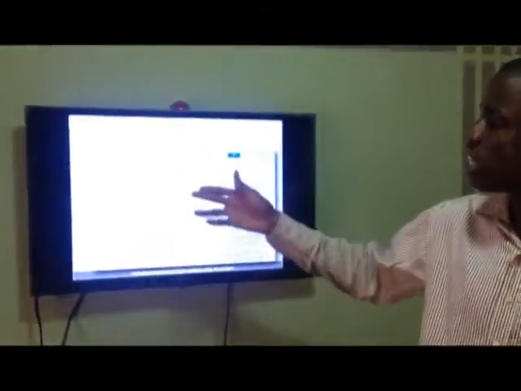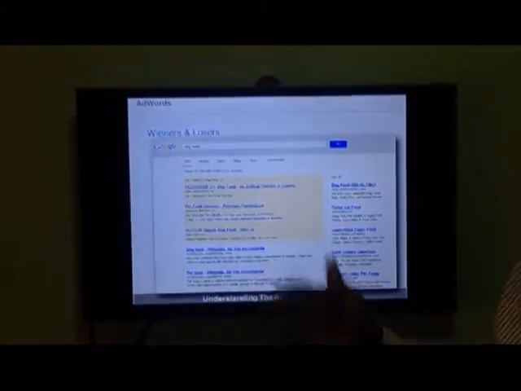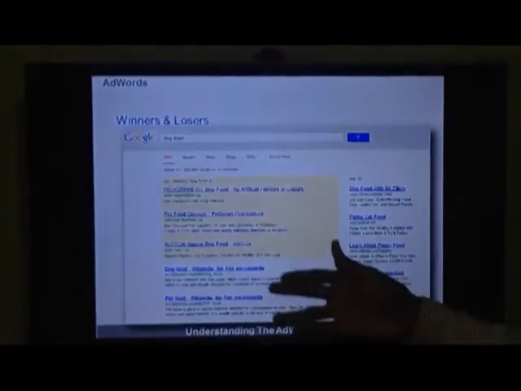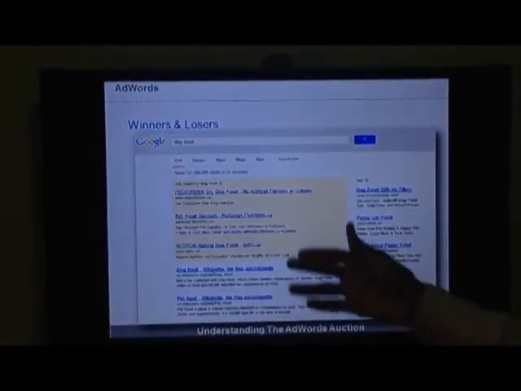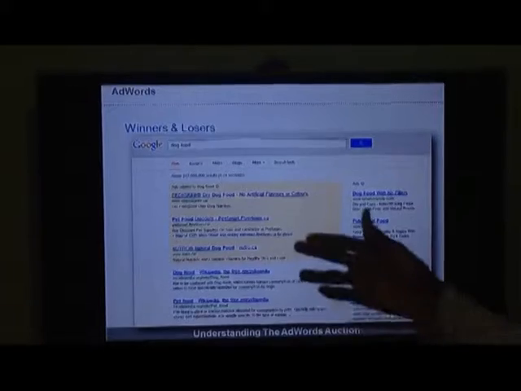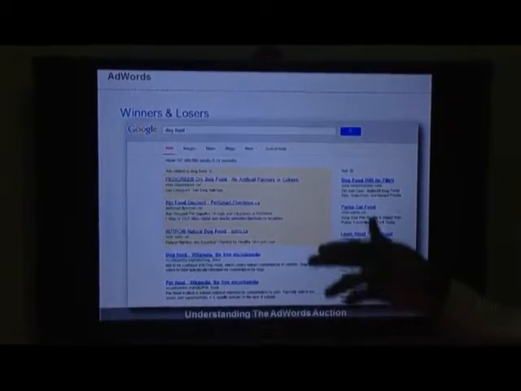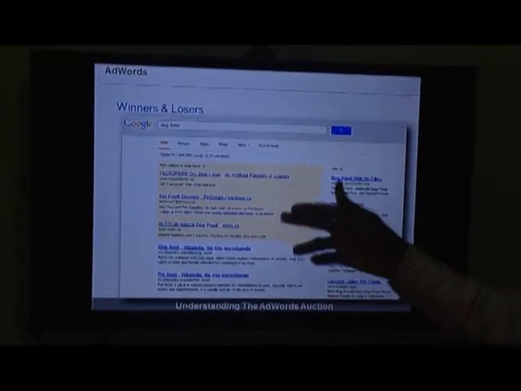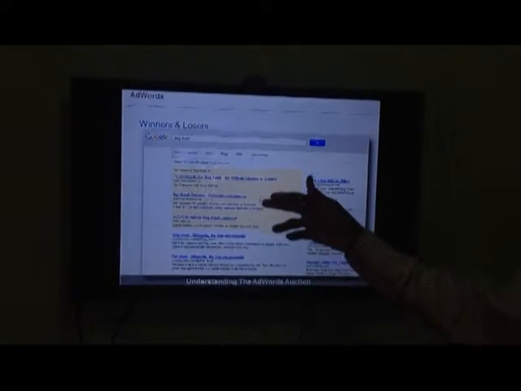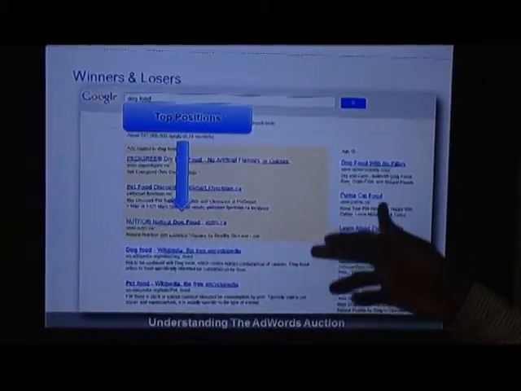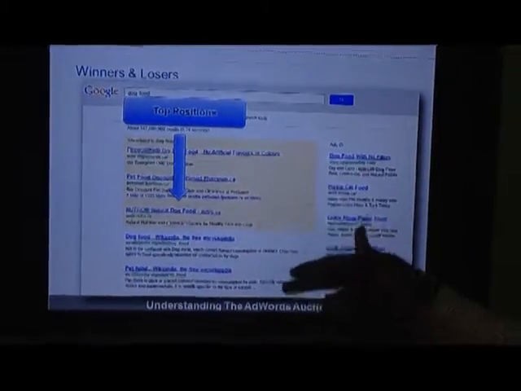I'm sure we are all conversant with this interface. Here, the user entered the query dog food, and as you can see, we have various search items being displayed. In differentiating the ad from the organic search, you could see that the first three ads, that's the topmost position ads, have a light gray color, and now Google has even made improvements upon it.